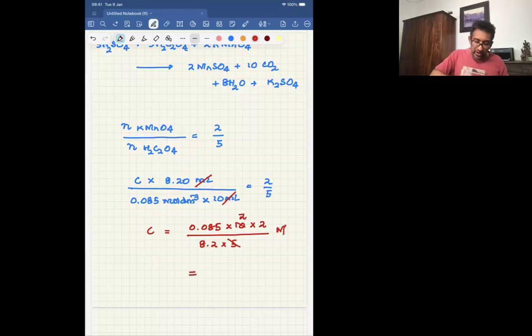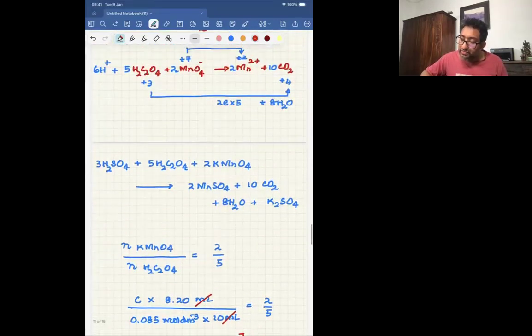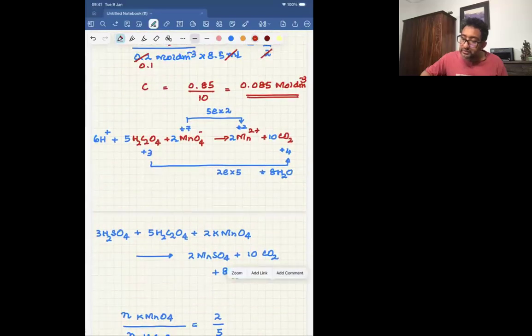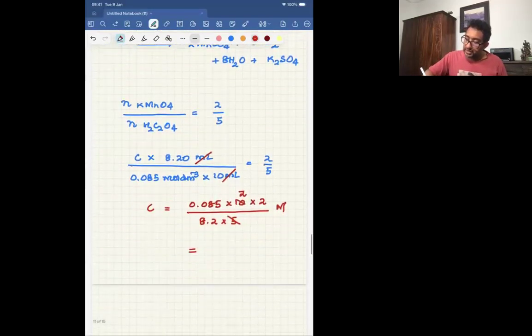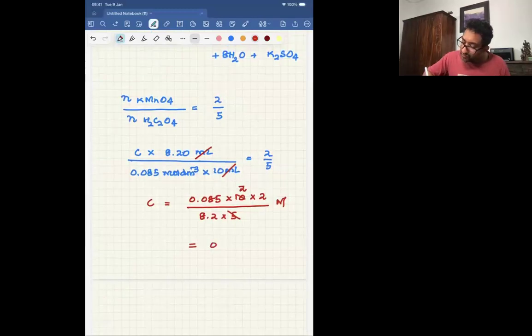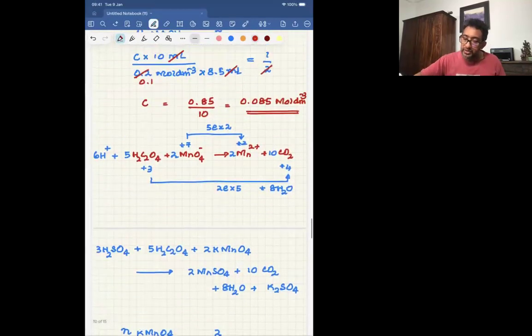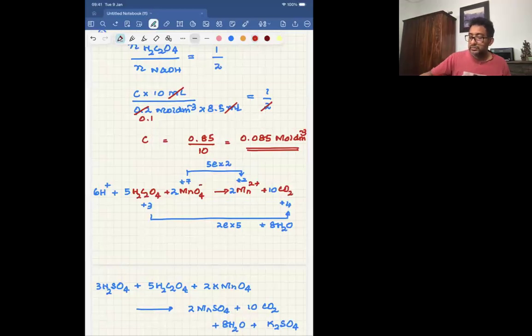You get 0.085 times 4 divided by 8.2. What I get is 0.0414. What did you get? This concentration, what did you get?